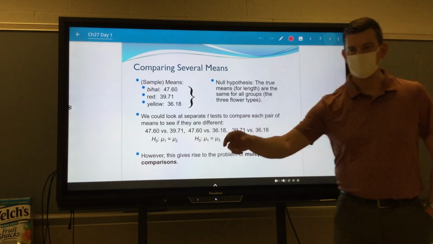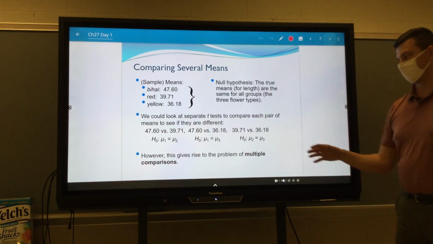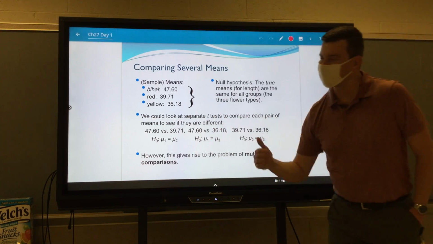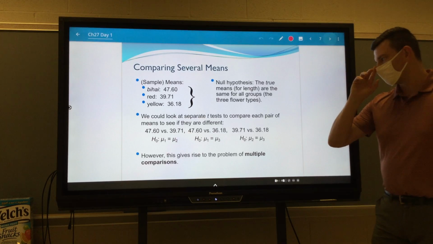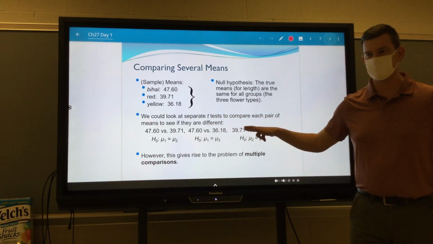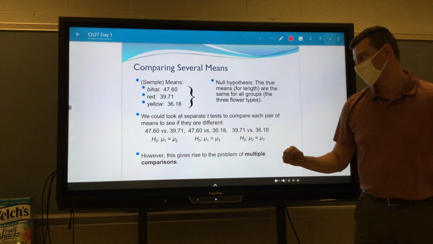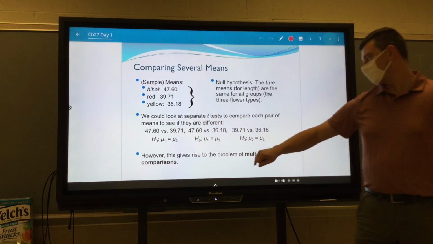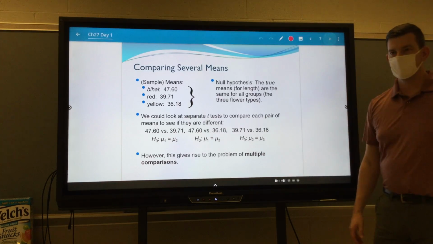So mu1 equals mu2 equals mu3. Now, we had said our other way of starting to analyze this was to just do separate t-tests and only pick 2 at a time. So compare mu1 to mu2, and mu1 to mu3, and mu2 to mu3.